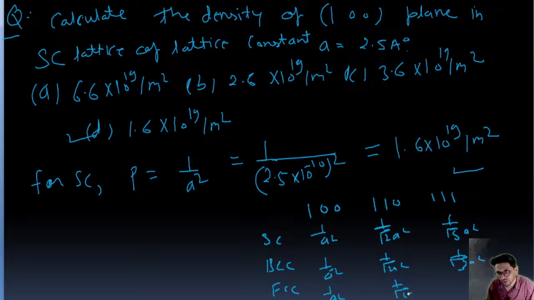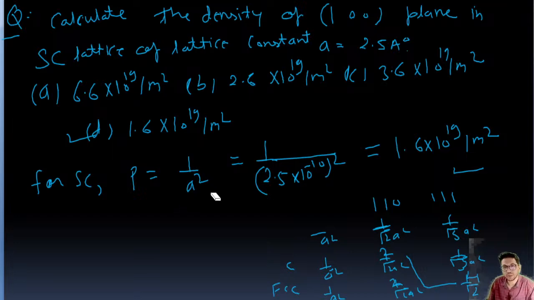And here we have to change the value, so it is going to be 2 upon 2 root, 2 upon 2 root, and 4 upon 2 root. So these are the values from the chart. I have explained this chart, you can check my previous lecture. That's why I've directly written 1 upon a square. The lattice constant is given, put the value, and this is the answer, guys.